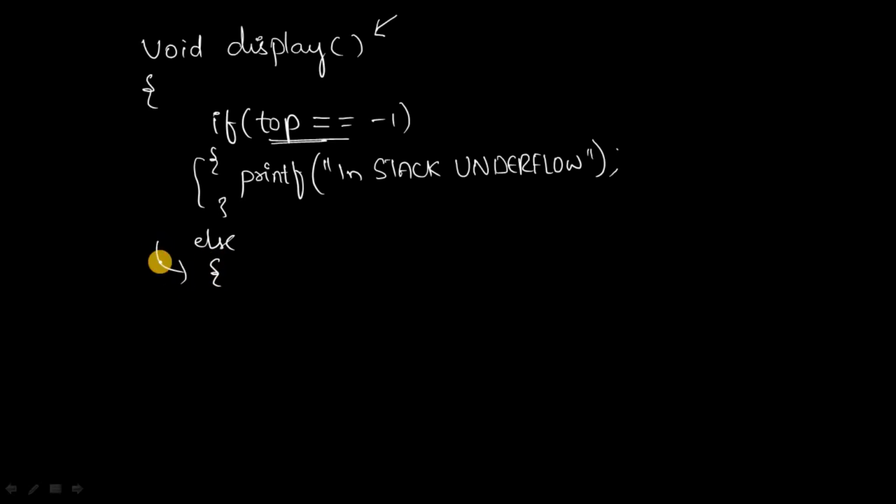It means that yes, there is at least one element in the stack to display. It might have one element or two elements or three elements. Now, how to print the elements? The first thing is you write a printf stating that the elements present in the stack are.